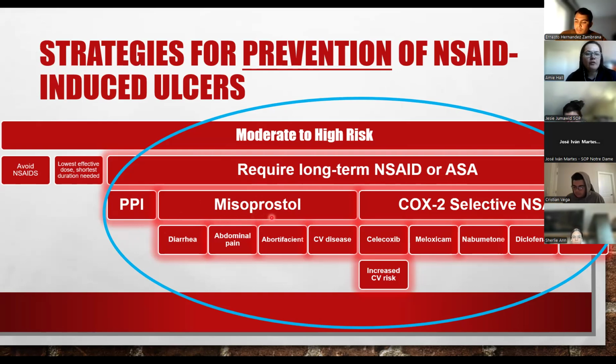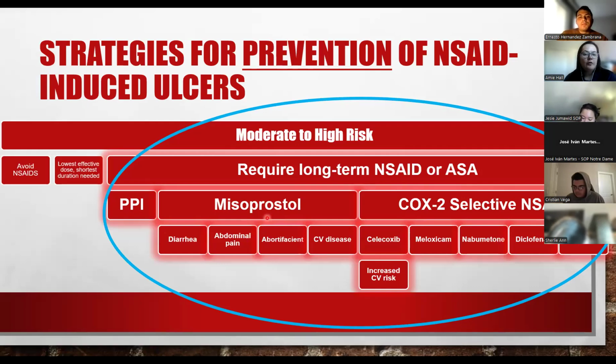We can use misoprostol. So misoprostol we'll talk about tomorrow in Women's Health and its activity as it relates to medical abortions. But misoprostol is a GI protectant that we can combine with the NSAID to help prevent GI peptic ulcers.